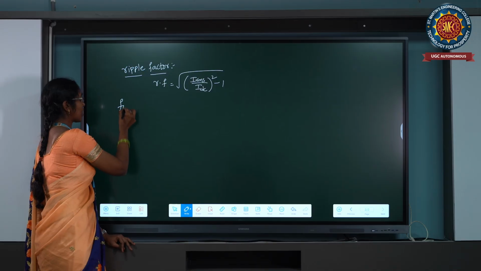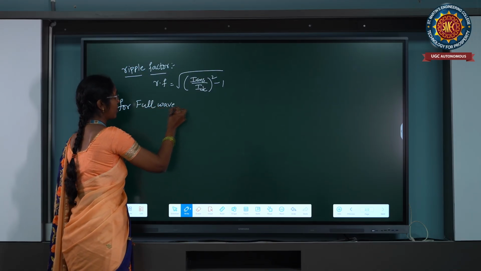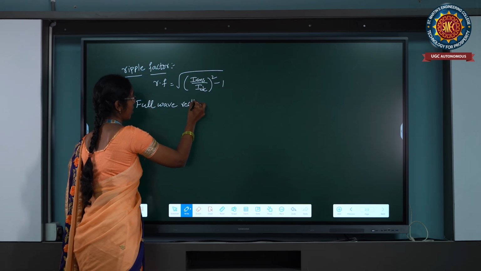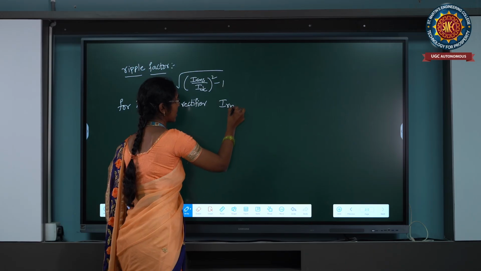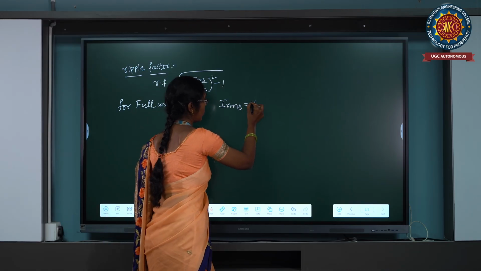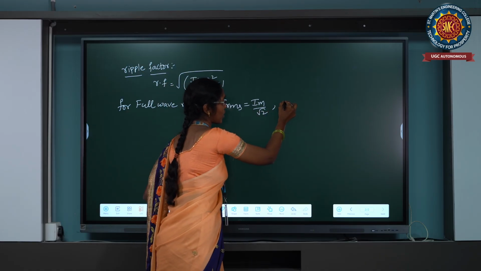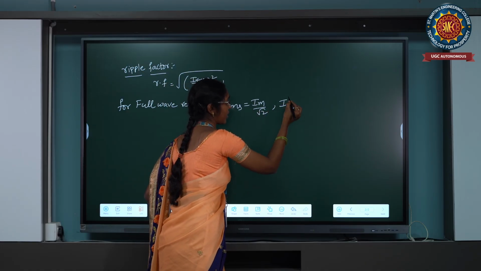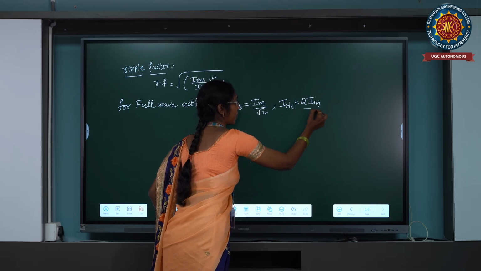For a full wave rectifier, IRMS is equal to root mean square current value, Im by root 2, and average value of the current or DC value of the current IDC is equal to 2 Im by pi.